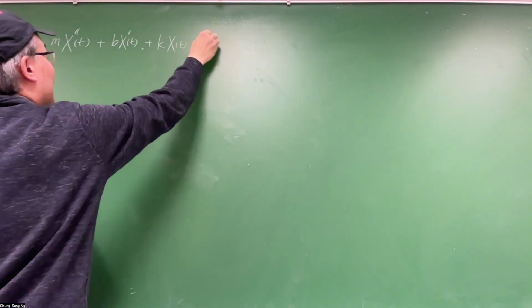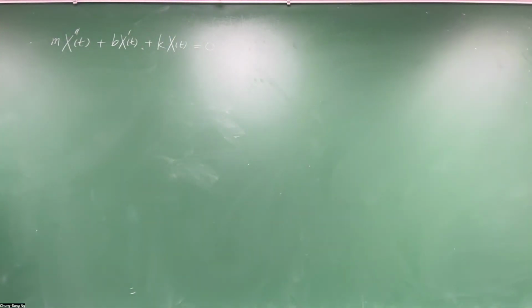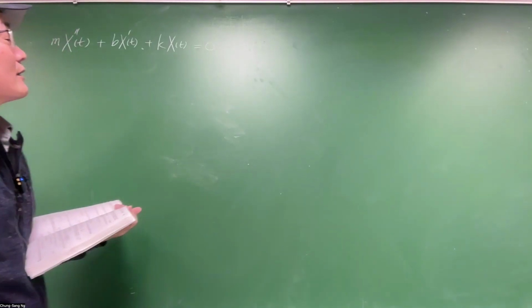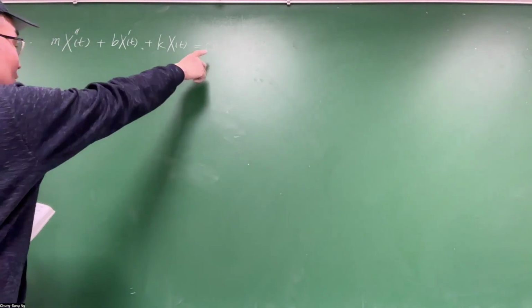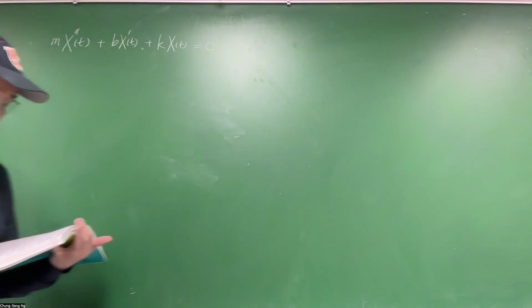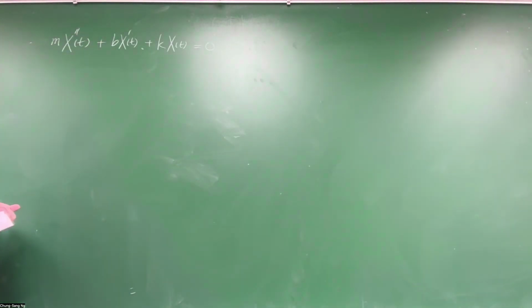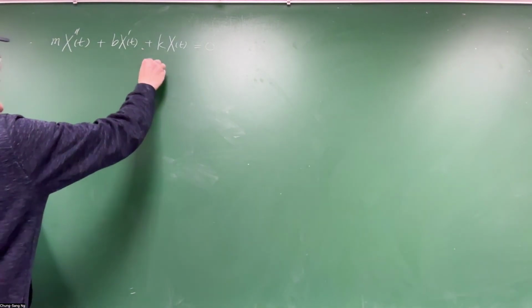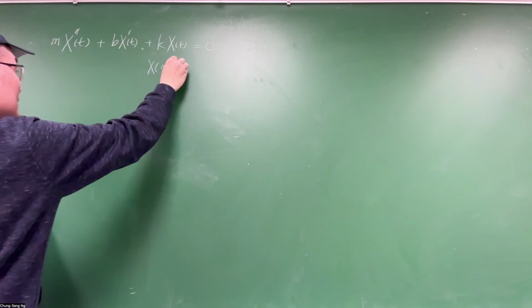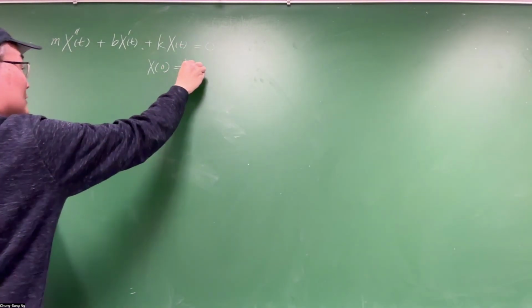It's homogeneous. Later on there will be an inhomogeneous example with a driving term, but now this is homogeneous. We solve that subject to the initial condition x at t equals 0 is x sub 0.